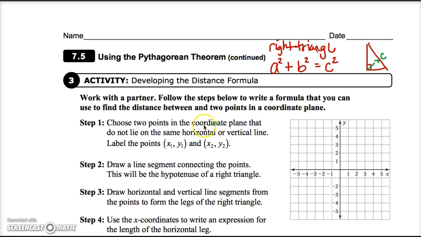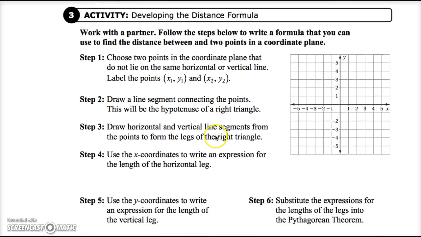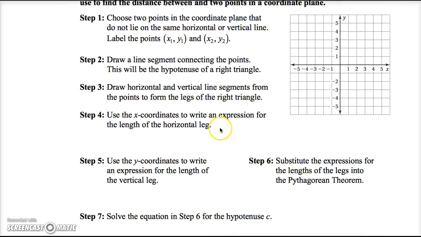step 1 just says follow the steps. So step 1 says choose 2 points in the coordinate plane that do not lie on the same horizontal or vertical line. So basically, we're going to be putting 2 points on this coordinate plane. They just can't be straight across from each other or straight up and down from each other.